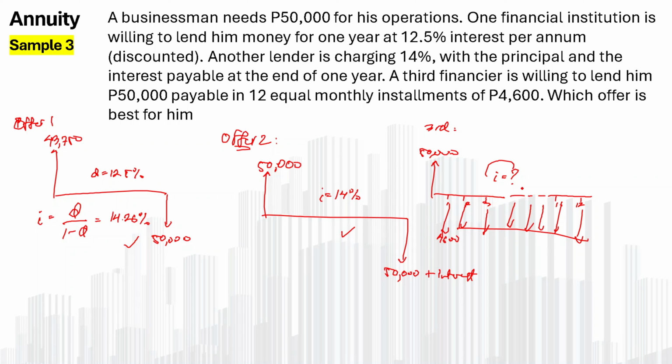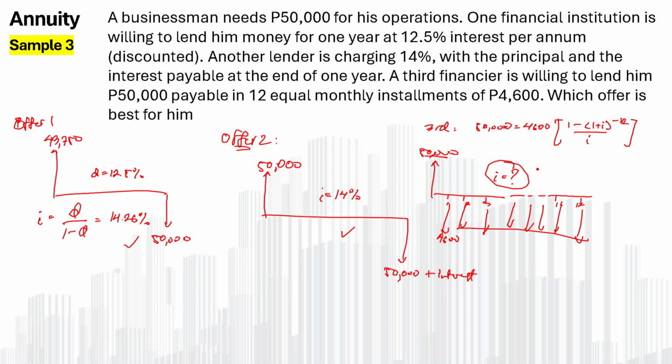But the interest rate that we're going to be solving here using the annuity equations is the monthly interest rate. It's not exactly the effective interest rate per annum that we need to know which is the better offer. Okay? So, we definitely have the principal here. We have our present worth here. We have the annuity of 4,600. But what we don't have is the monthly interest rate.